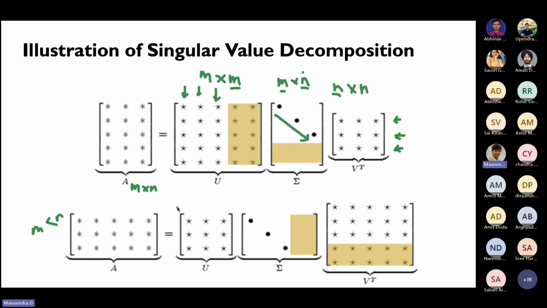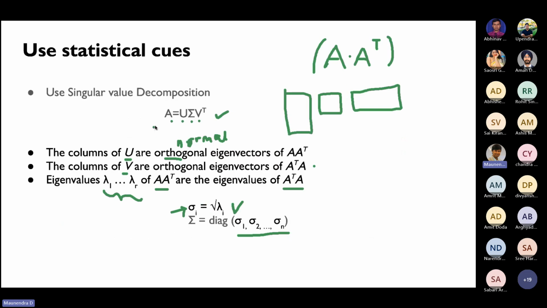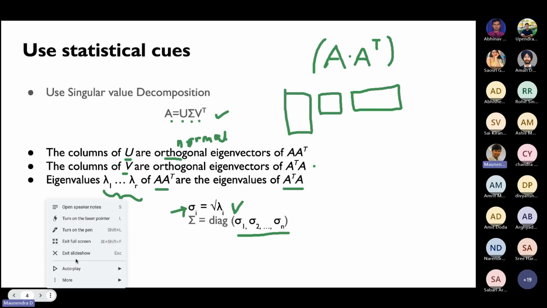Now, here again, this will be m cross m, this is m cross n, this is n cross n. But the thing is, here we'll have m number of entries. But if you just collapse all these cases into this kind of formulation, A equal to U sigma V transpose, we can write it in that manner in all the cases: more rows than columns, more columns than rows, and so on.